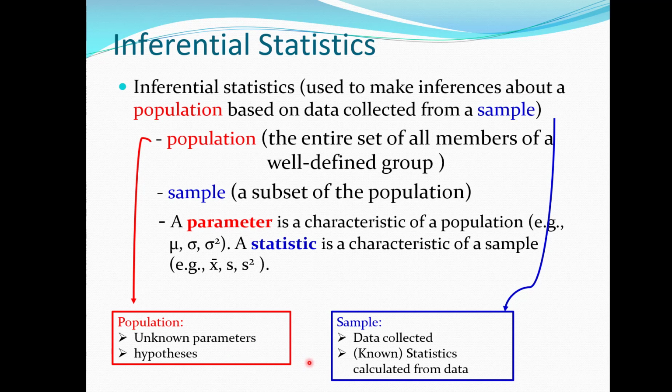And then here comes the question. How can you make inferences about the population based on the data you collected from your sample? And the answer is we will do hypothesis testing. To talk about hypothesis testing, first of all we need to know what hypotheses are.